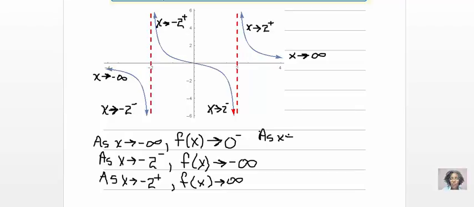As x goes to 2 from the right, or let's do from the left first. From the left, that's what's happening here. Notice f of x is decreasing without bound. Our shortcut for writing that is to write f of x, an arrow pointing to the negative infinity symbol. So notice how the y values are getting more and more negative.